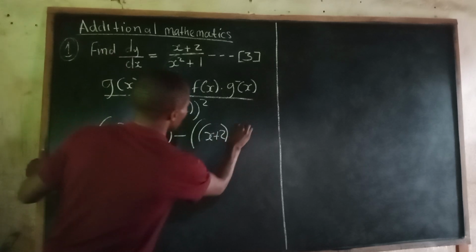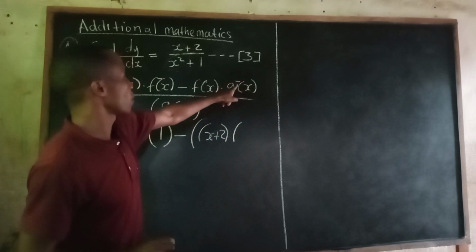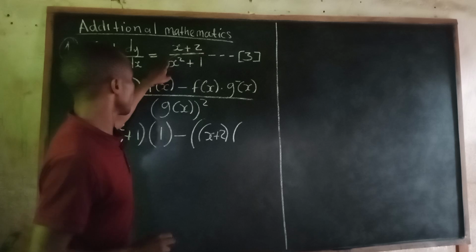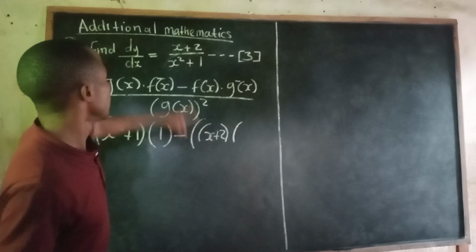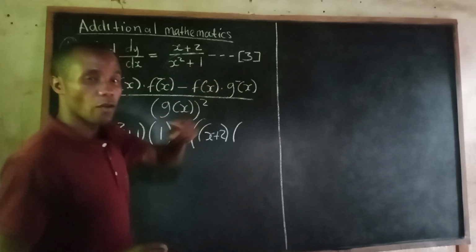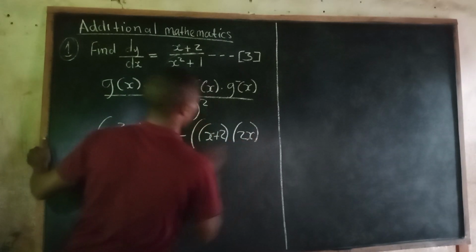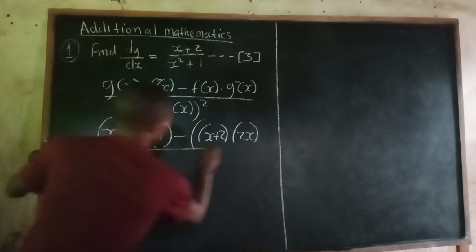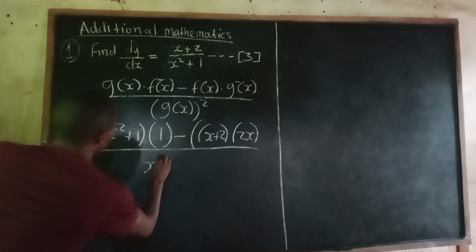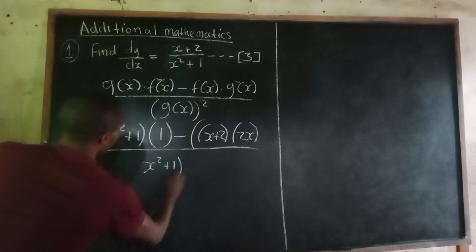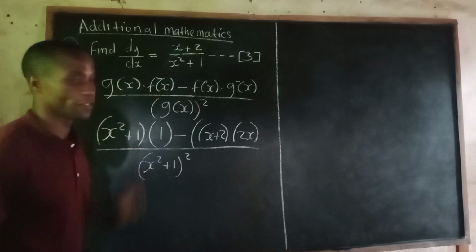Then times, you open the bracket again for g'(x). g(x) is x² + 1, and because of the prime, you differentiate it and get 2x. Over this one, you just write what is there: (x² + 1), then square. So we have substituted there.